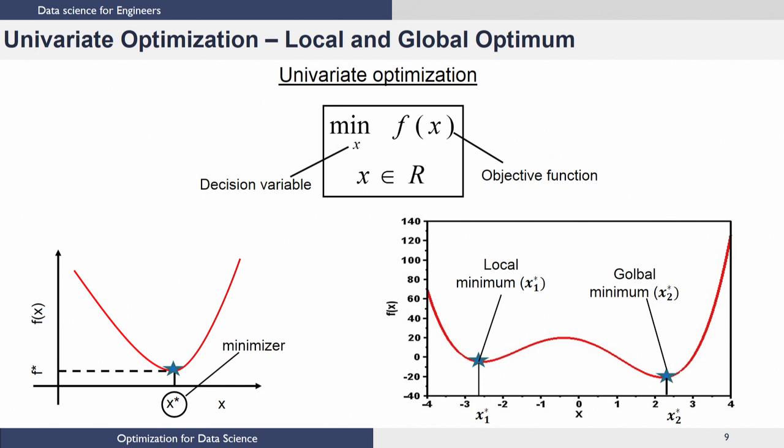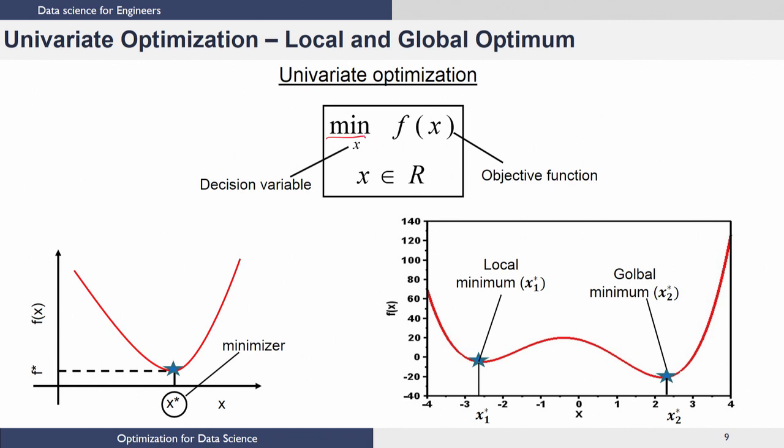And in this slide, I am going to explain this univariate optimization problem and the ideas of local and global optimum. So, what do we mean by univariate? When we say it is a univariate optimization problem, there is only one decision variable that we are trying to find a value for.